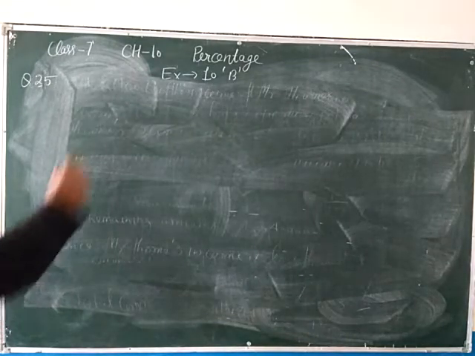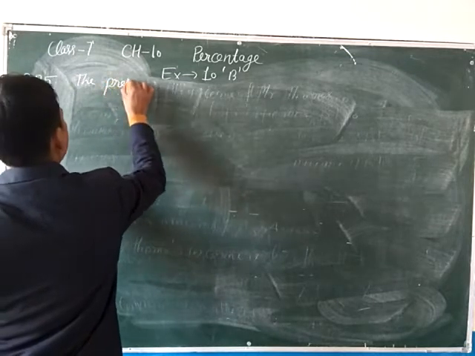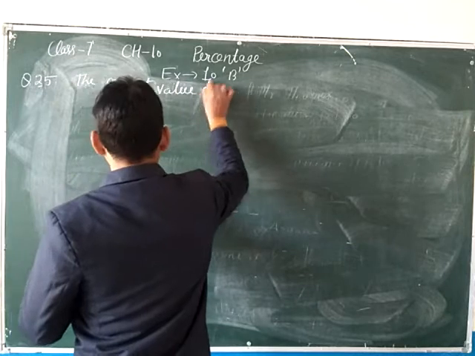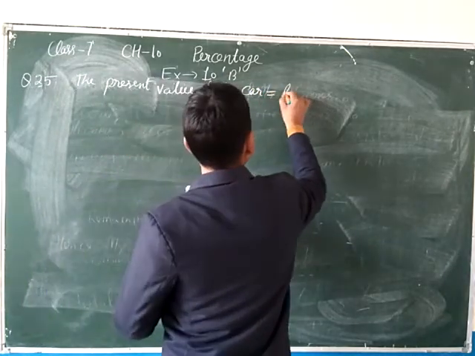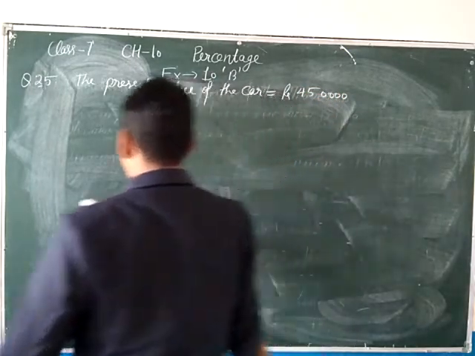First of all, given the present value of the car equals 4,50,000.